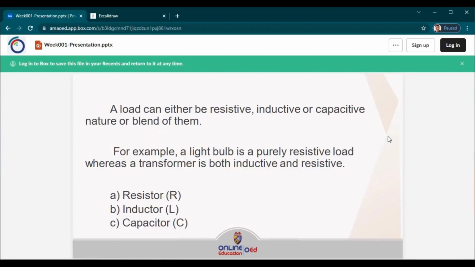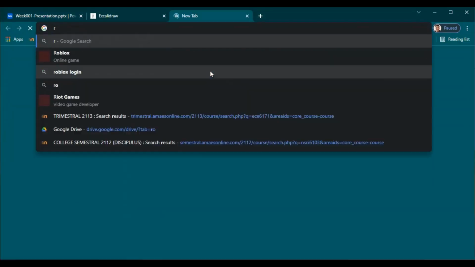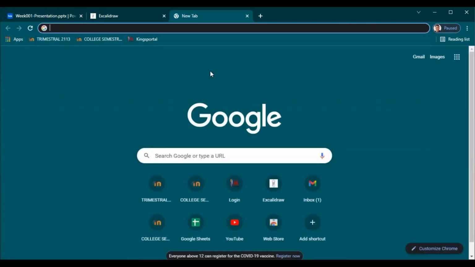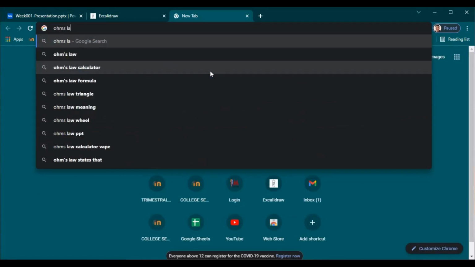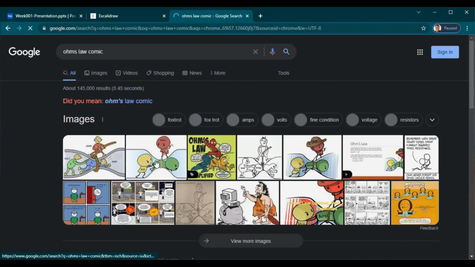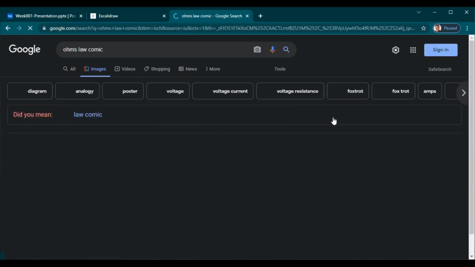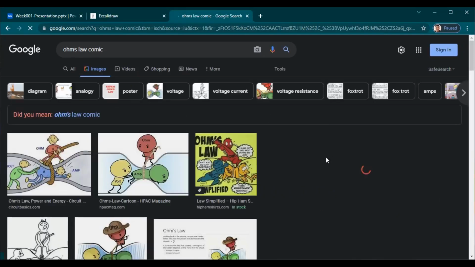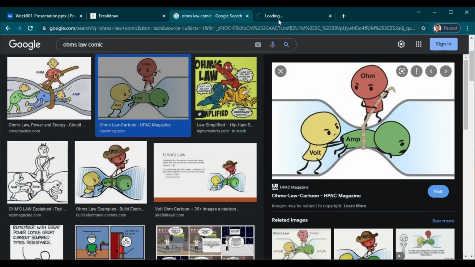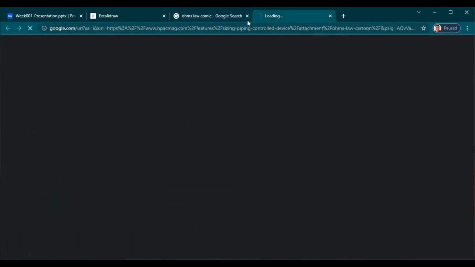Let's see what's next. So let's have a little bit of... to help us understand better the relationship between the load, the current, and the voltage.